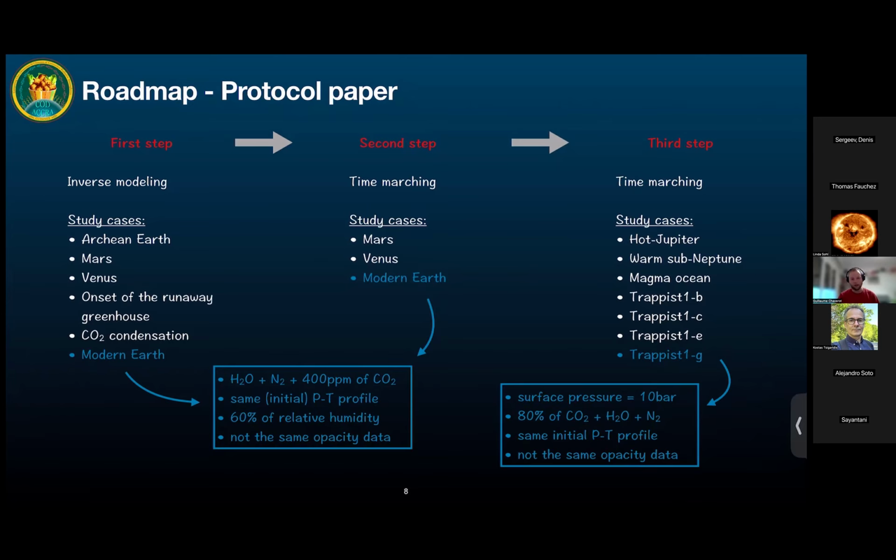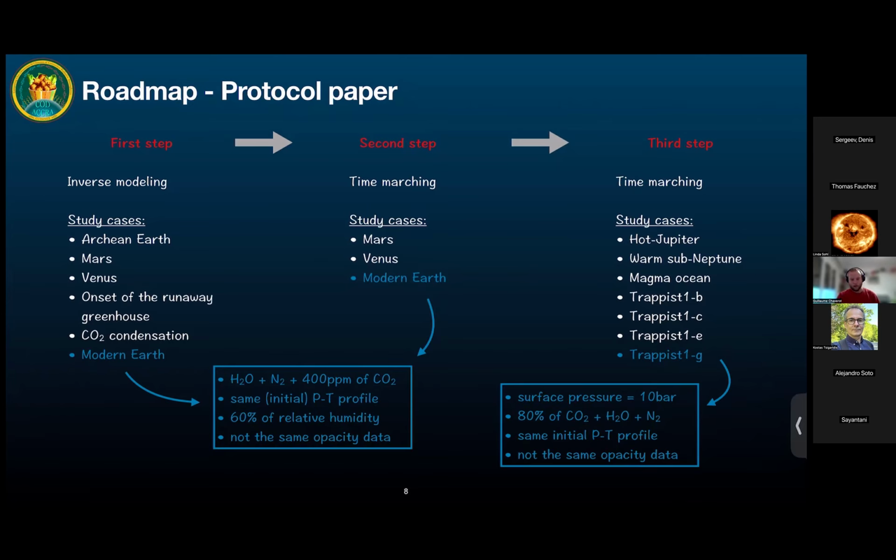For now, for the results we have, we use the native opacity data from every model. It could be interesting to have a simulation sharing the same opacity data, to see the difference coming from the opacity data and the difference coming from the modeling of the processes in the atmosphere.